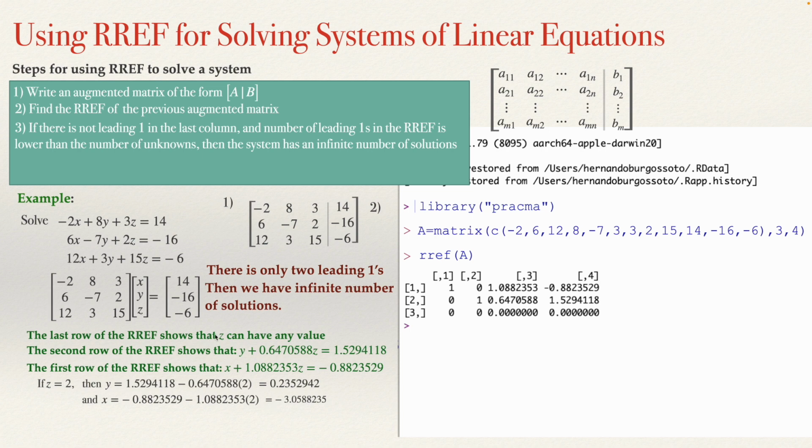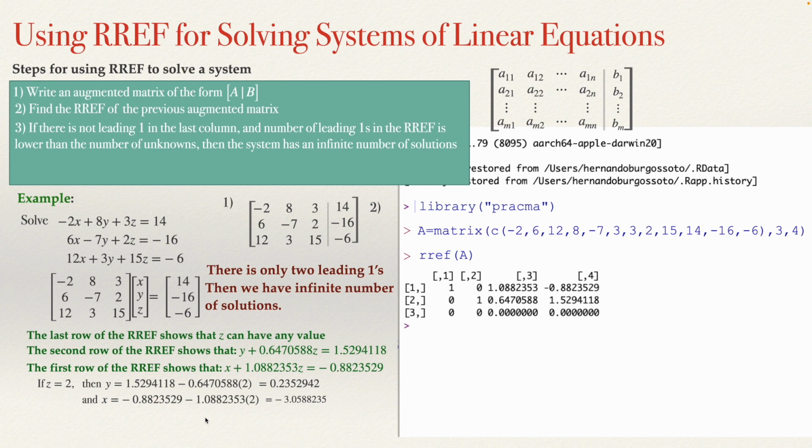But the infinite solutions are given in this general way: z can have any value, y must satisfy this equation, and x must satisfy this equation. And if you want to know a particular solution, give a value of z and you will find the values for y and x.